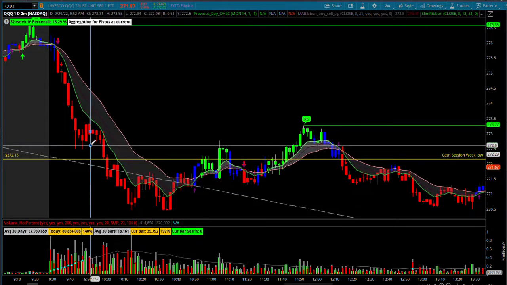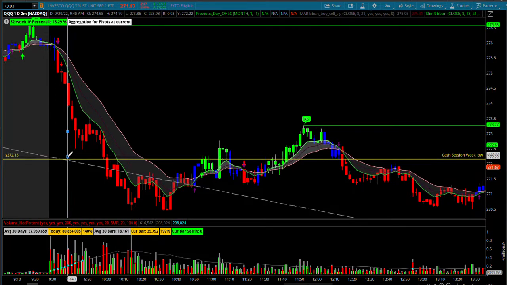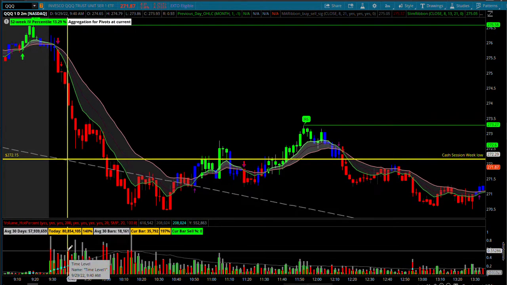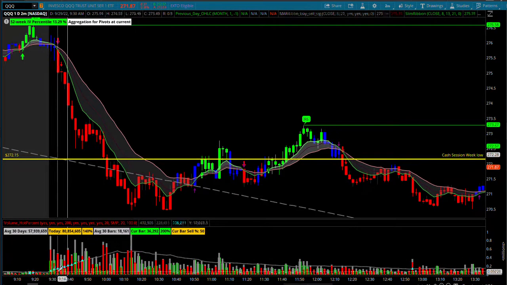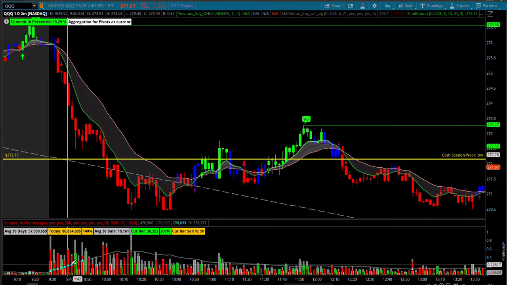Basically I'm looking for volume above the average volume. If you start too early, the average volume hasn't had time to build up yet.